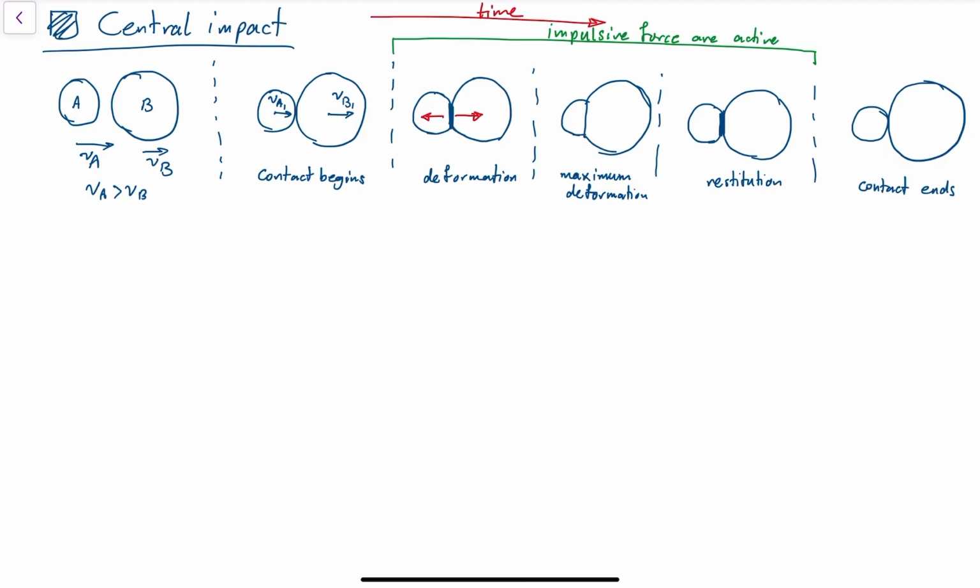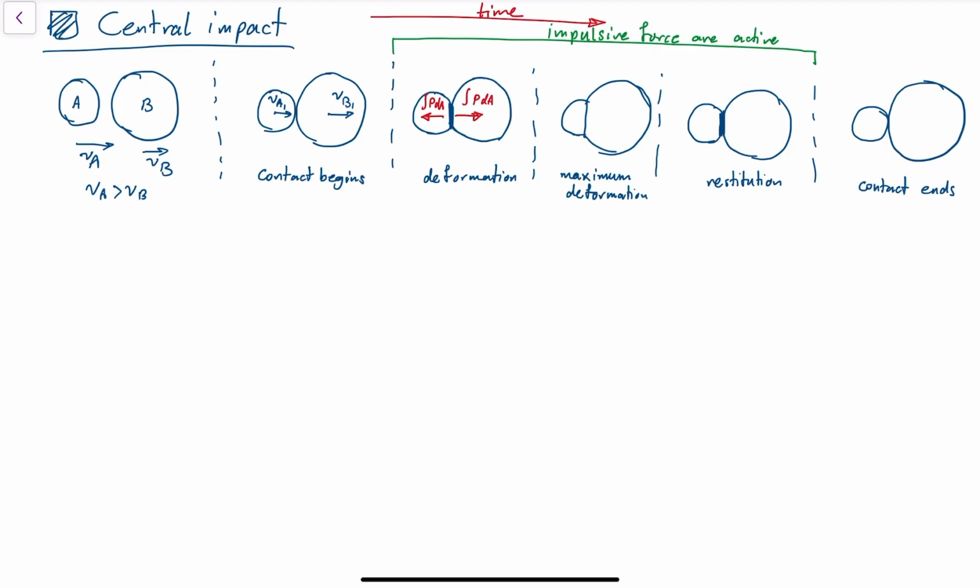Essentially, it's trying to slow it down. These two forces, let's call this force P, but we work with the impulse of these forces, P dt. So these impulses are active.